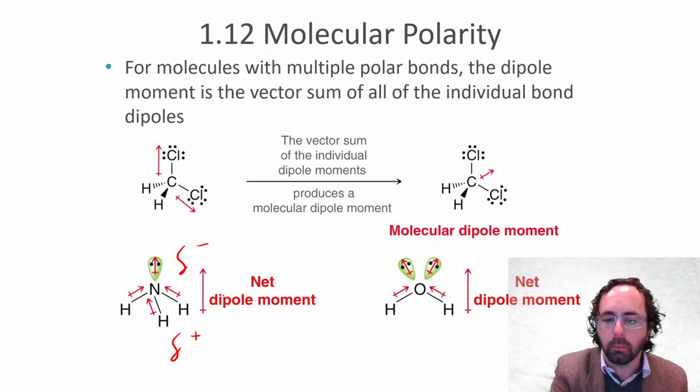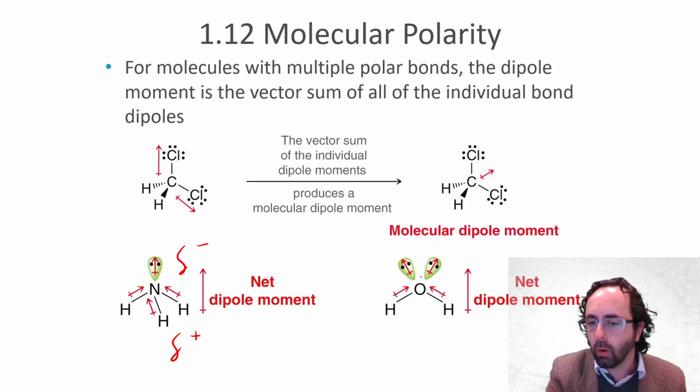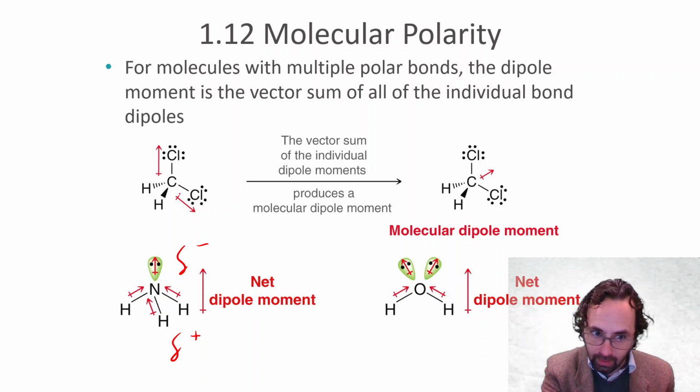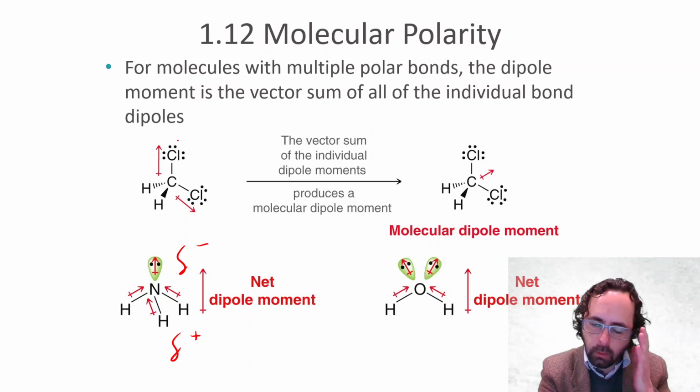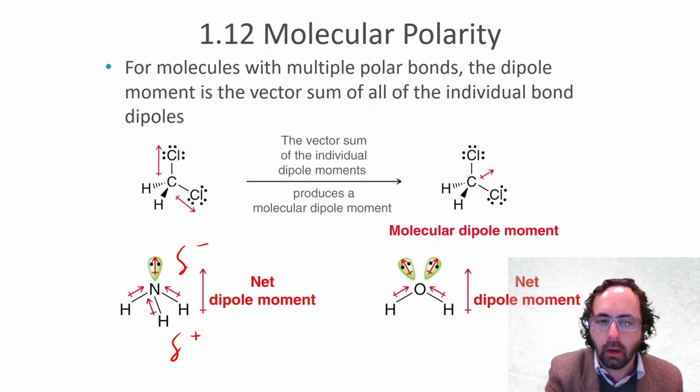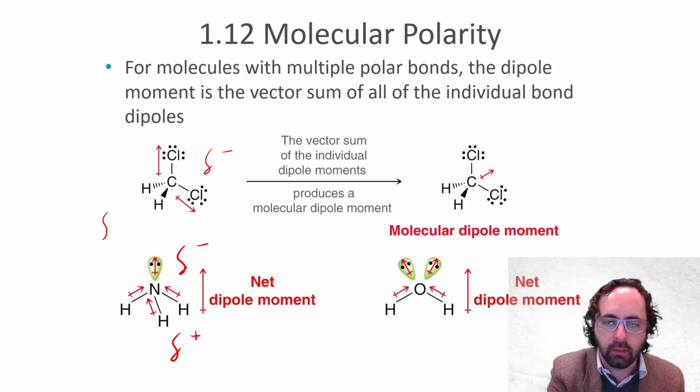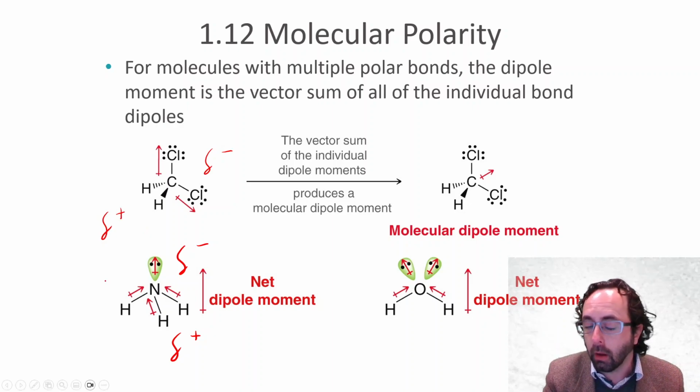Likewise with water, oxygen is far more electronegative than hydrogen, and it's a bent shape, and so the electrons get pulled in that direction. In addition, here we have CH2Cl2. Due to its tetrahedral shape, electrons are pulled towards these chlorine atoms, so this side is partially negative, meaning the opposite side is partially positive.